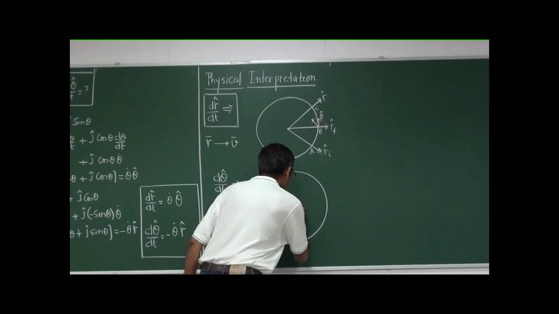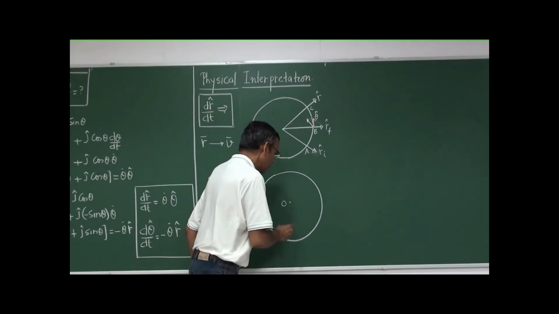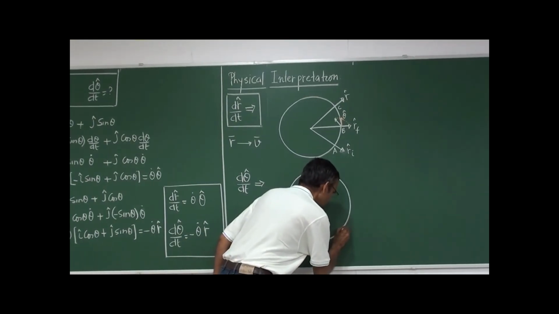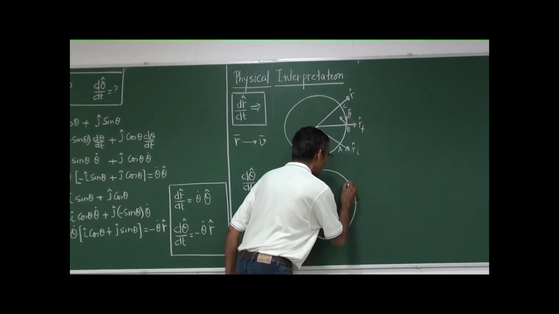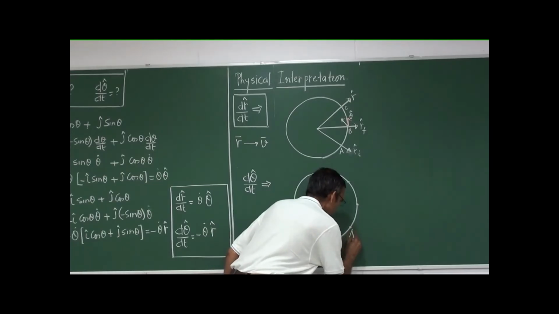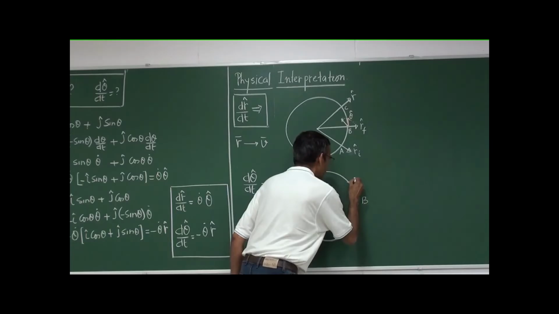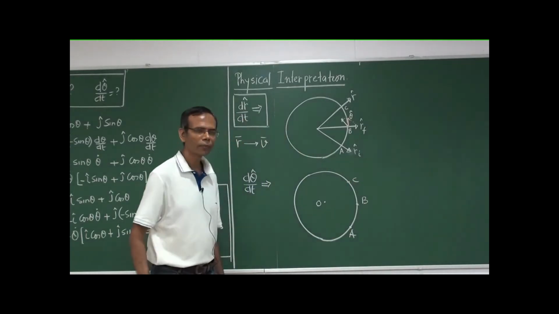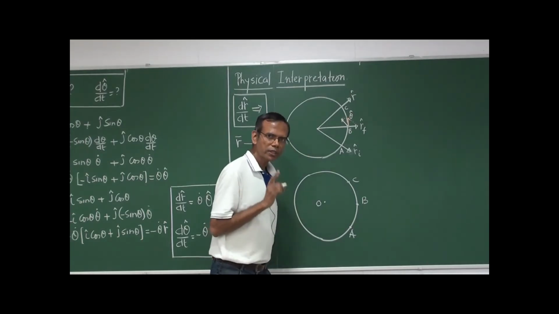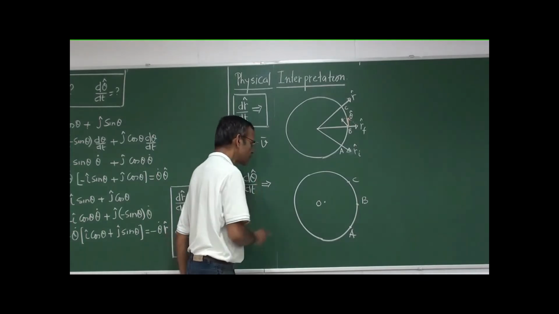Okay, with origin O, now let us say I choose three different points, point A, point B and point C. Now let me draw the velocity vector, but I will not draw the velocity vector because we are doing d theta cap.